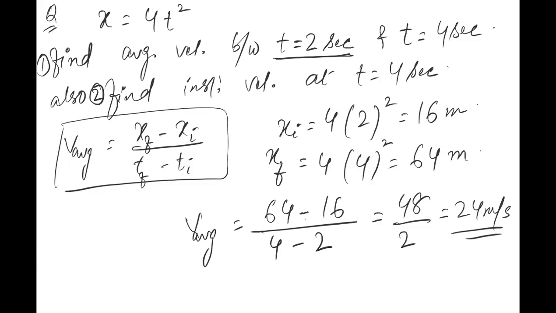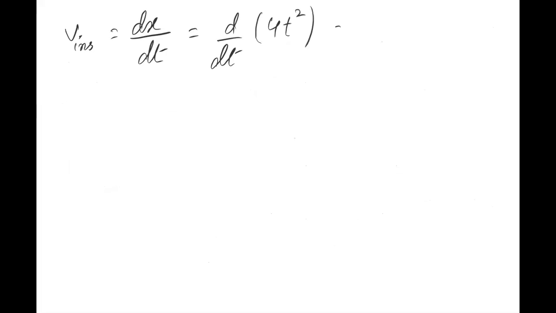Okay, now the second is what? We have to also find the instantaneous velocity. For this instantaneous velocity, we will differentiate this x with respect to time. The value of x is 4t square. Now differentiate it. You will get 4, and the differentiation of t square will be 2t.